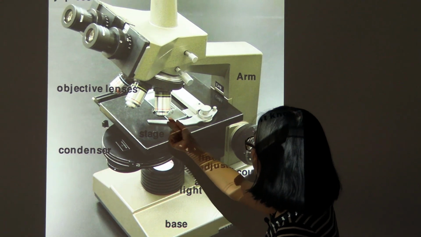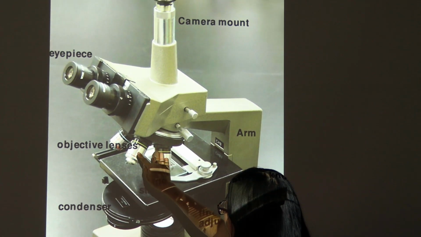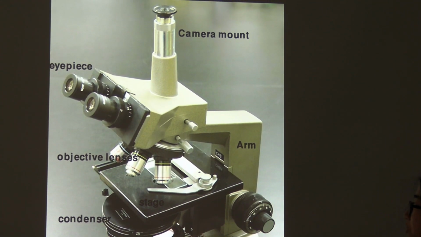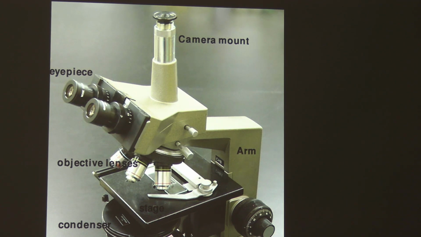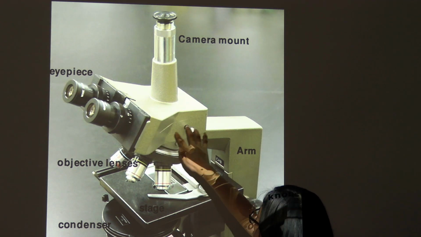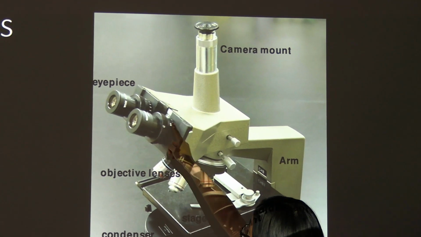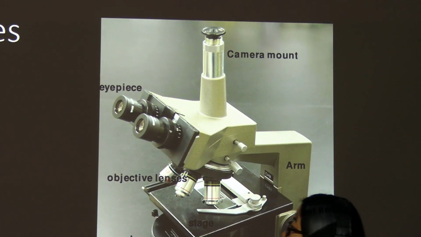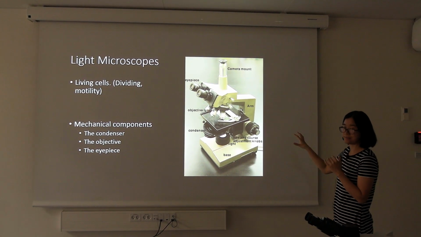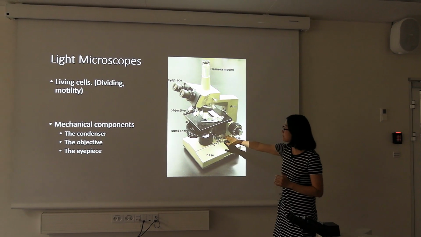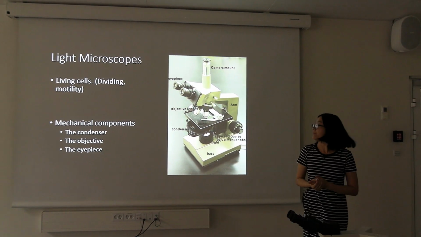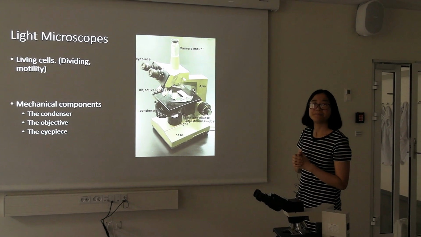The light goes through your sample and will be collected by the objective lenses here. I will show you in a few seconds a real microscope. And then the light goes through the inside and will be seen by the eyepieces. So the very important mechanical components in the microscope shown here are the condenser, objectives, and eyepieces, which carry the lenses.